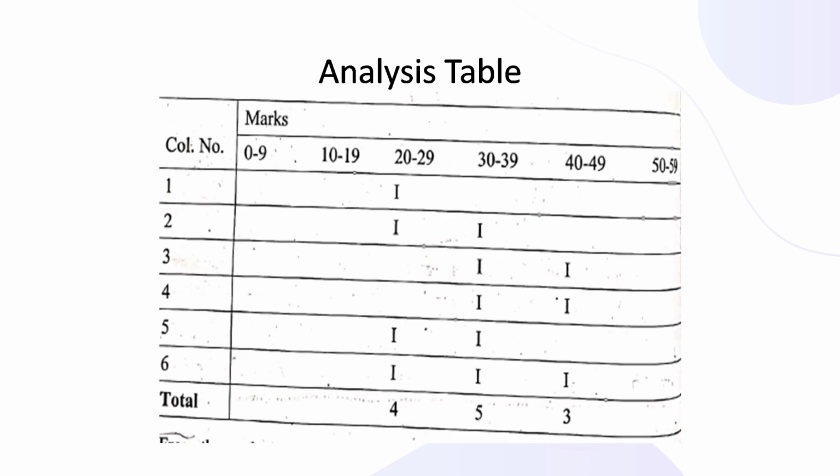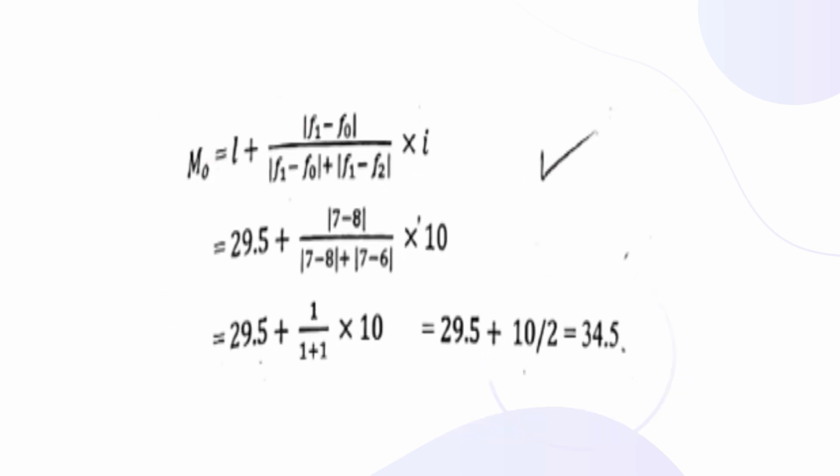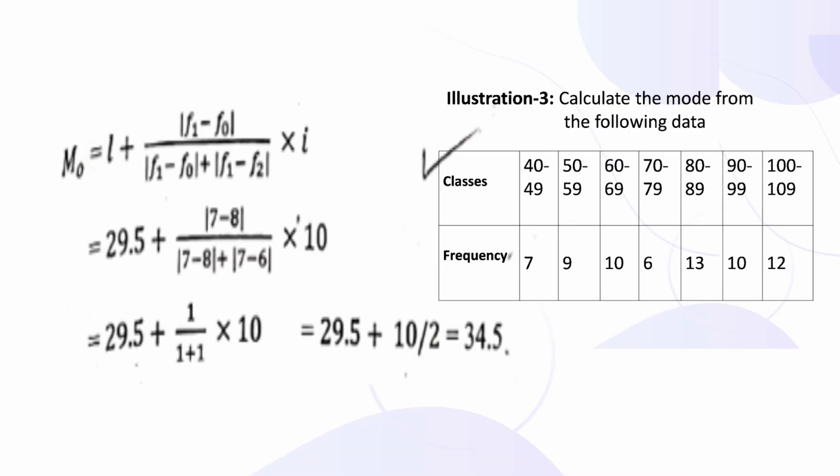See, here we got the highest repetition, 5, for the class 30 to 39. Here, for 30 to 39, the frequency is 7. The frequency of the class preceding the modal class is 8. Here 8 is F0 and 7 is F1.